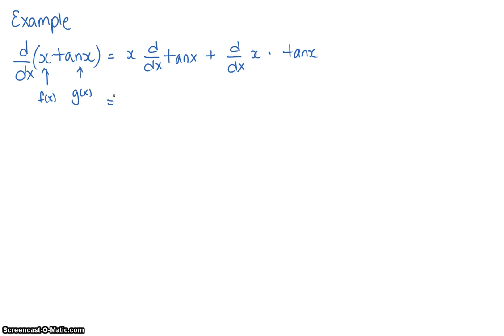Now we just talked about what tan of x is in terms of the identity. The derivative of tan of x is secant squared of x. So we'd have x secant squared of x plus the derivative of x, which is 1, so we would just have tan x.